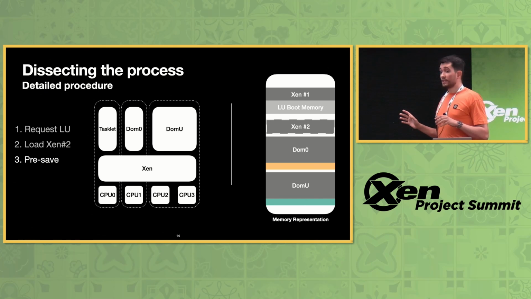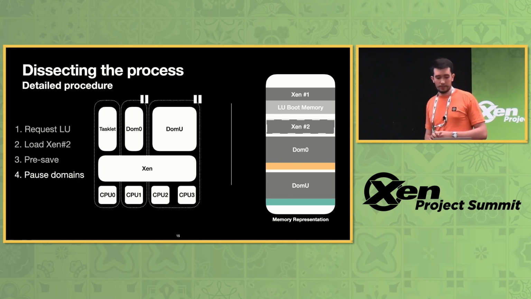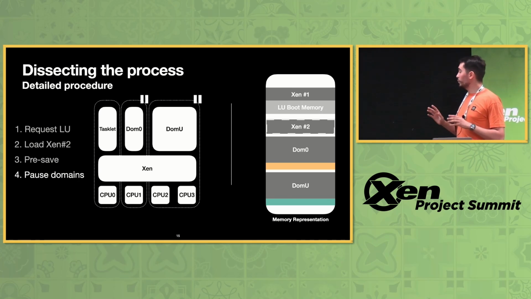So now that with the tasklet we have saved what we can save before the pause of the domain, we can now proceed to pause the domains. And here too, we cannot pause the domain at any time. We need to be in a safe condition, which means that there cannot be any I/O in flight, because if the DOMU issues a request to write, let's say, to a disk, and QEMU hasn't responded, we can actually pause the domain and restore that later to be in a weird state.